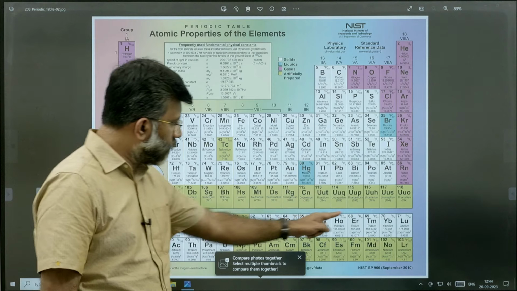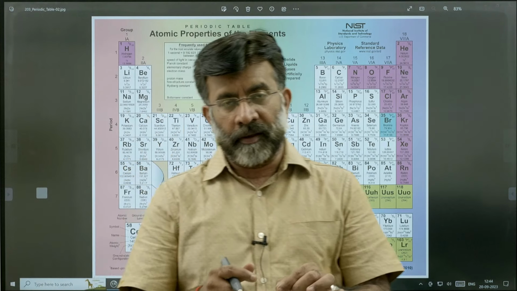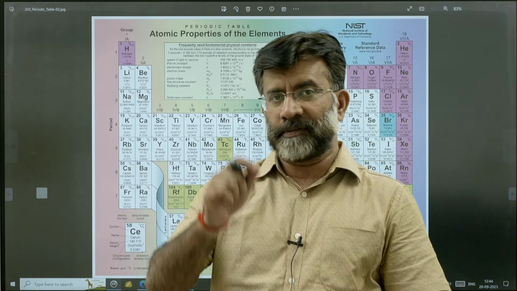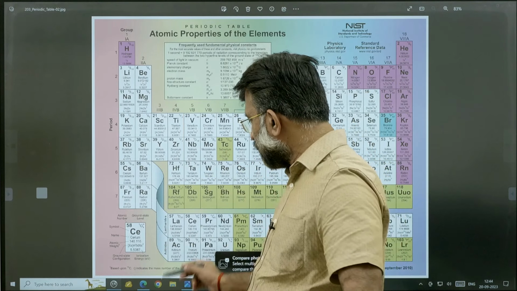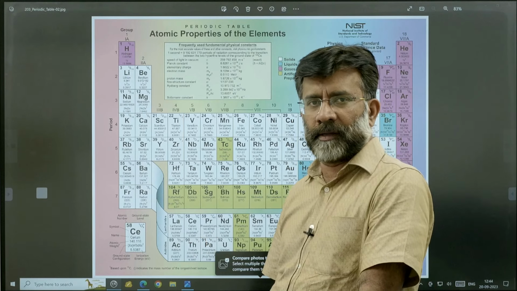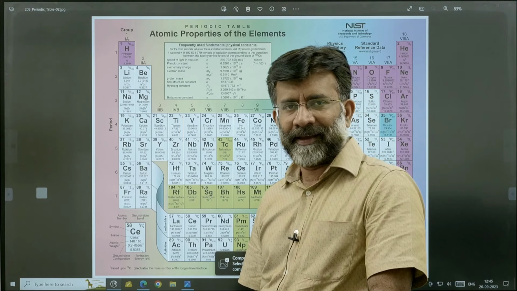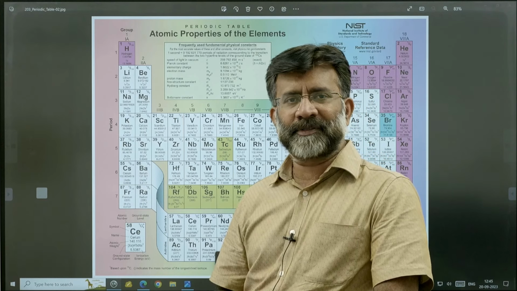Cerium to lutetium, the electronic configuration happens in the f orbital. After lanthanum, cerium to lutetium are f block elements and electrons are filled in the f orbital.